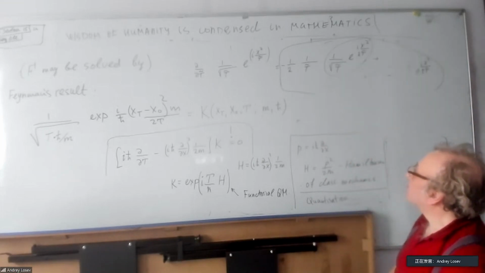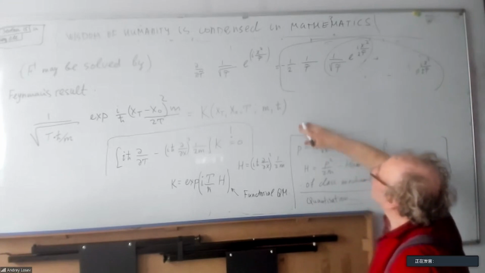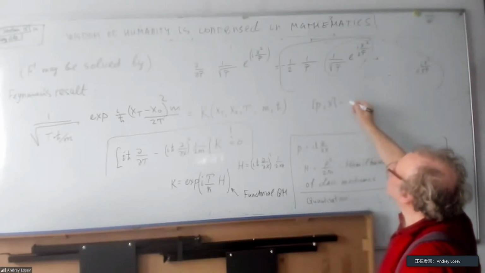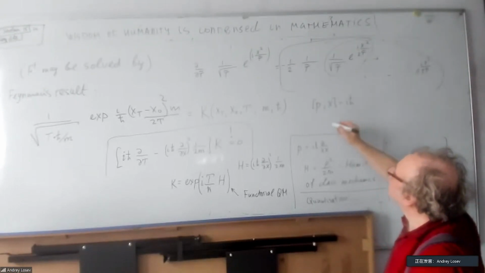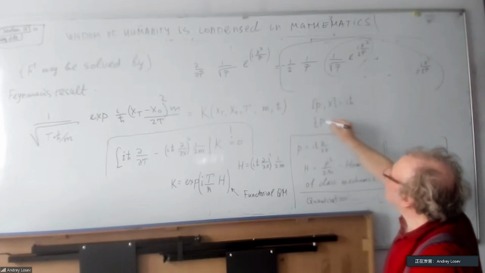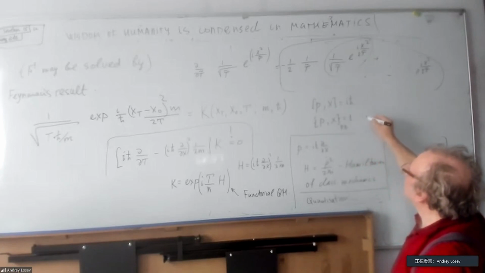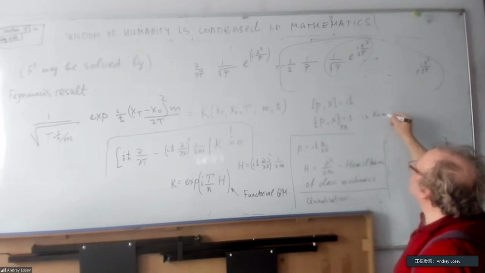In particular, the commutator of P and X is i over h. The Poisson bracket of P and X was what? The Poisson bracket in Hamiltonian mechanics.